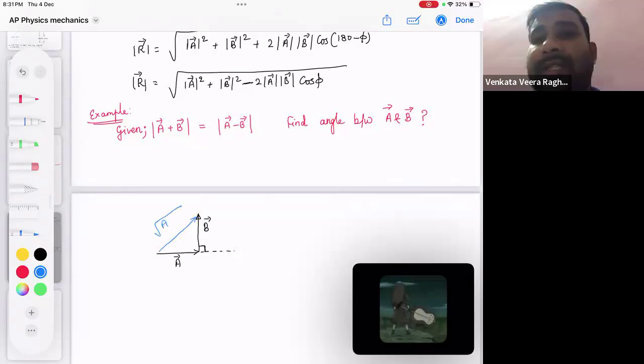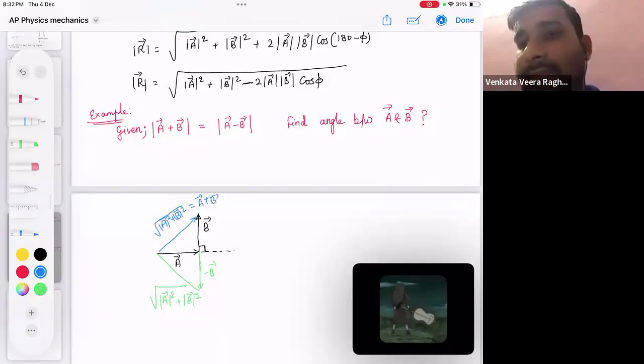Magnitude of A vector squared. And if I take minus B vector, isn't it? This is going to be minus B vector. And if I calculate it, isn't it here also the magnitude will come: A vector magnitude square plus B vector magnitude square. So see that this blue color is representing what?